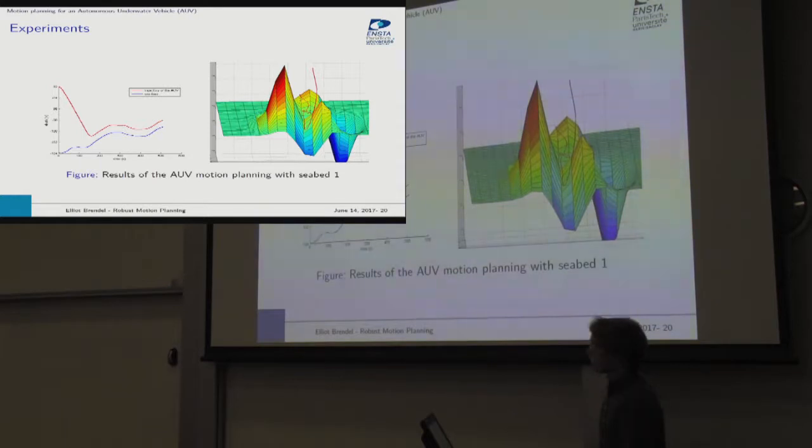I think the AUV doesn't see this pit when it starts, but it knows that there's a pit here. So it will move with little steps by here, and so it will completely avoid the pits on the right.